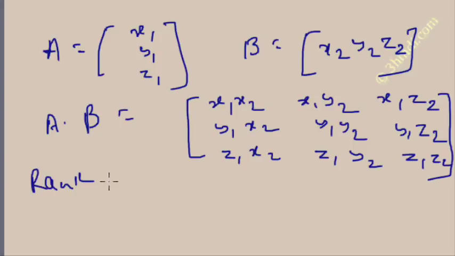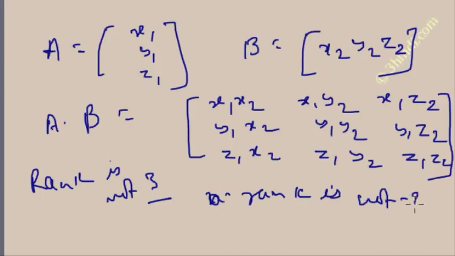The rank is also not 2, because for any two selected rows and two columns, the cross multiplication will always be 0. x1y2 into y1z2 minus y1y2 into x1z2 is equal to 0. So definitely the rank is not 2.